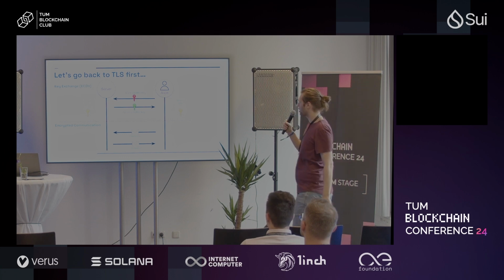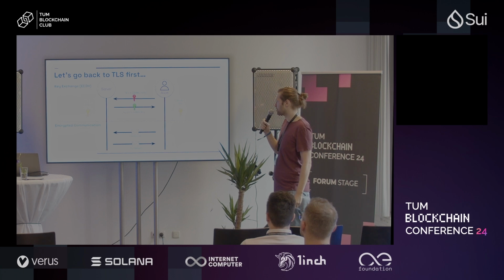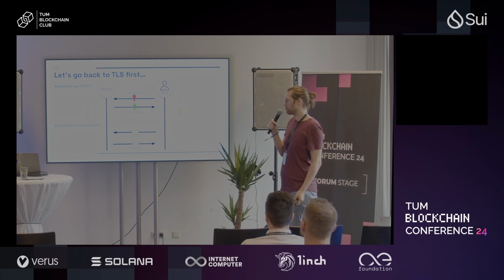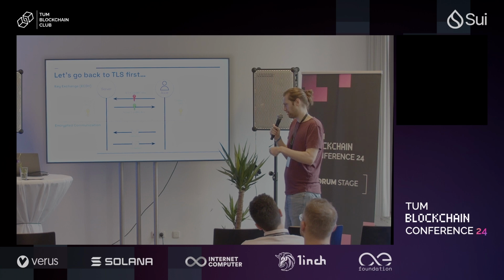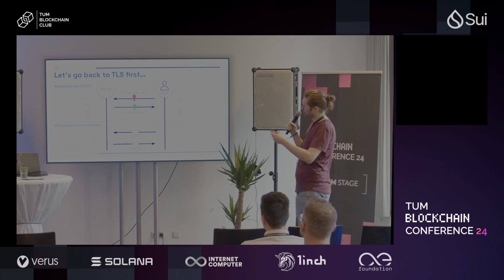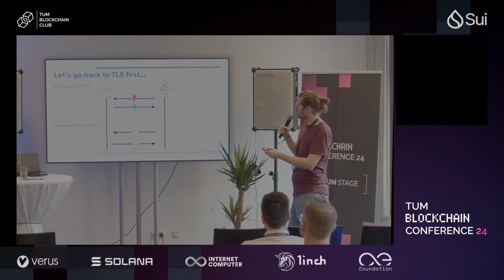You have public and private key pairs, and Alice and the server send their public keys to each other, and then you locally apply your private key to it, and then you arrive at the pre-master secret, which is then fed into a pseudo-random function which extends it. And then at some point you arrive at the session key. The session key is then used for symmetric encryption. So when you send ciphertext to the server, you encrypt, and the server also encrypts and you decrypt it when you get the response.